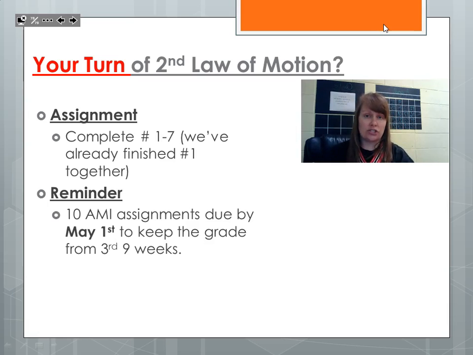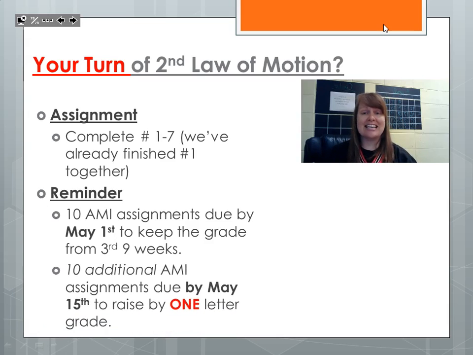If you want to increase your grade by 1 letter grade, you then need to complete an additional 10 AMI assignments and turn them in by May 15th. Reminder, you cannot do 20 additional and think it's going to raise you 2 grades. We're only allowing it to go up 1 letter grade. So make sure you get those turned in. Those are your 2 due dates.